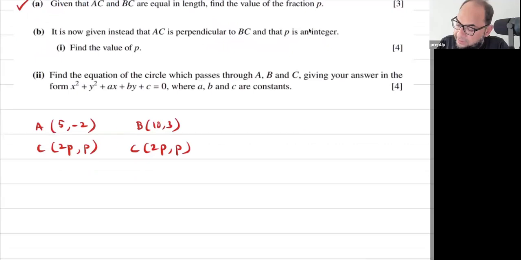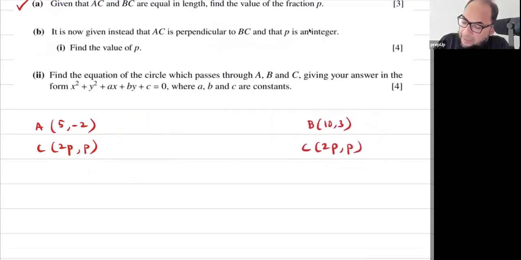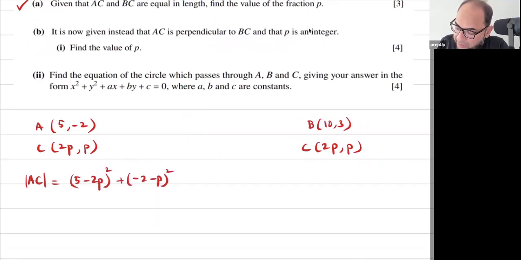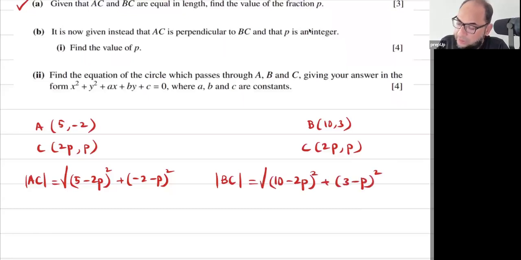Let me just separate this out over here. Let me evaluate AC, which is the square root of (5 minus 2p) whole square plus (minus 2 minus p) whole square. BC is the square root of (10 minus 2p) whole square plus (3 minus p) whole square. The two lengths are equal.